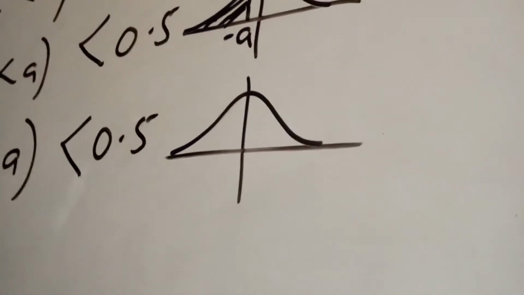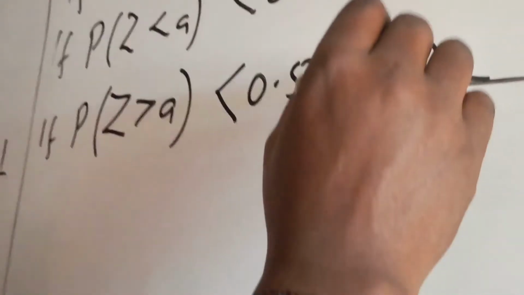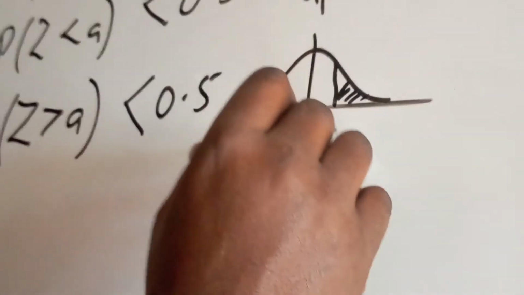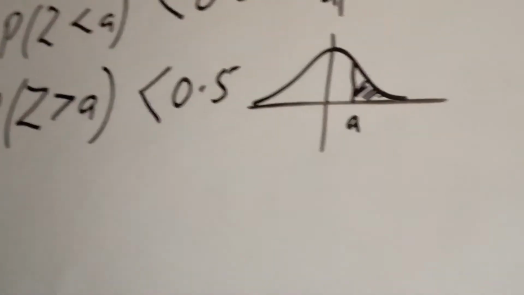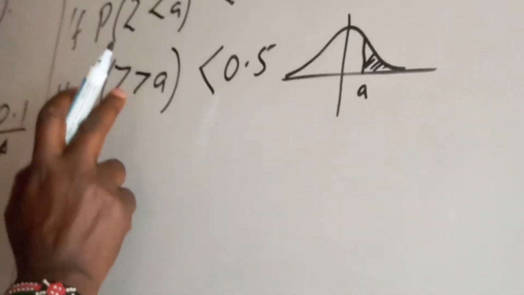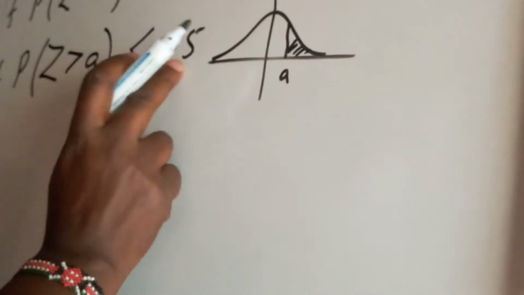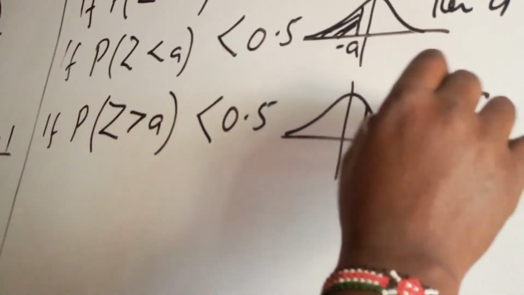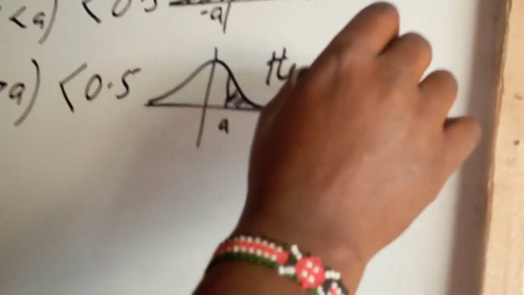Something greater than, and it is less than half, then we are talking of this particular region. Then already you can see if it's greater than a to the right, and the area itself is less than a half in the second half, then a is greater than 0. You can already see it's greater than 0.